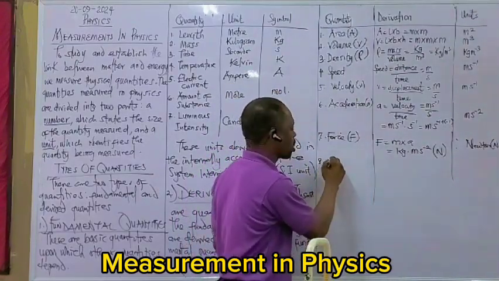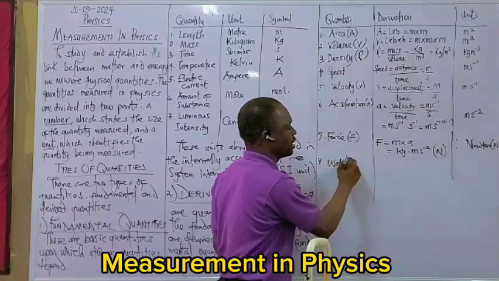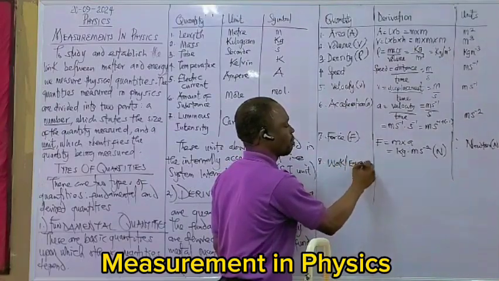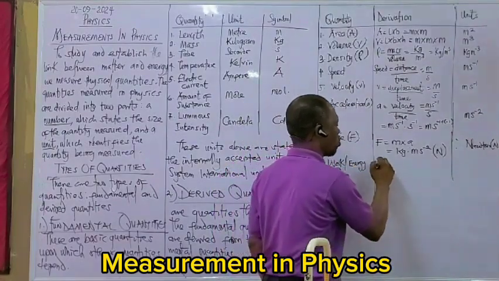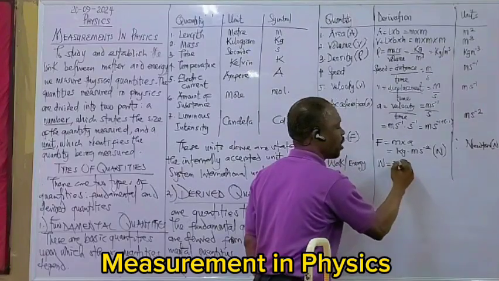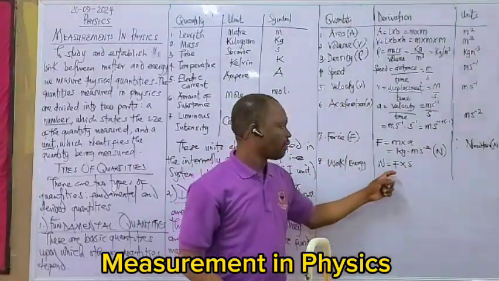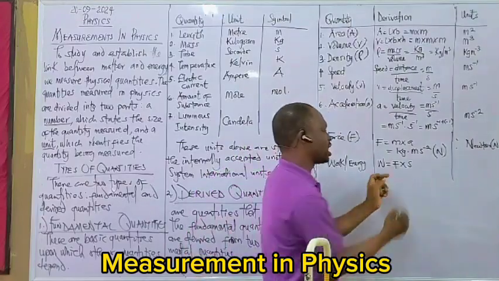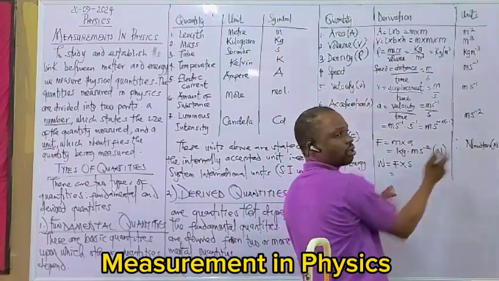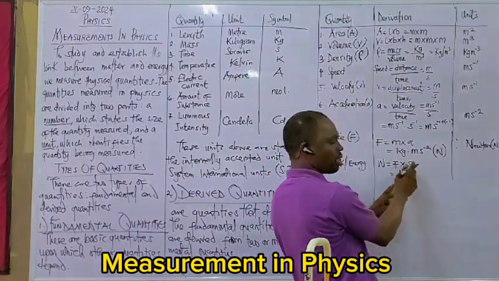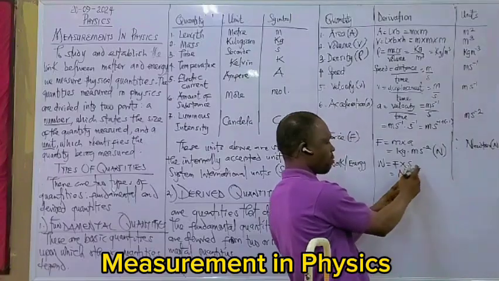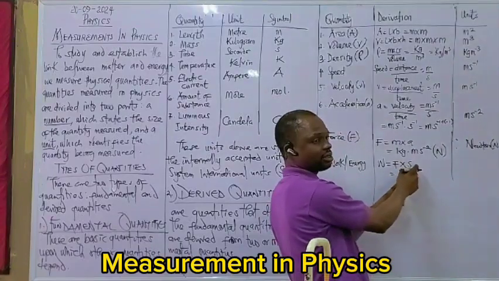Then the next one is work. Work or energy, they are the same. So let's say work. Work equals what? Force times distance. You should know this. What is force? Newton. What is distance?